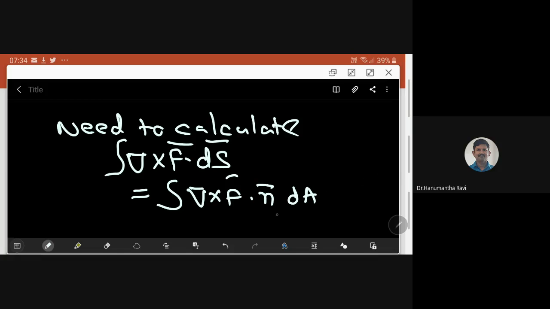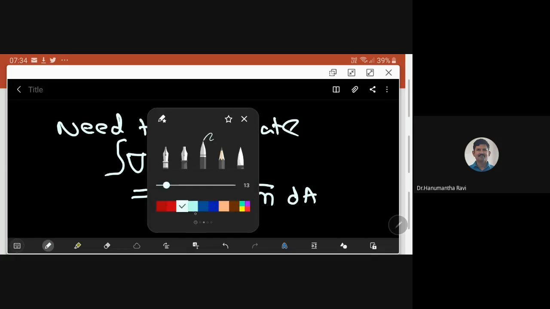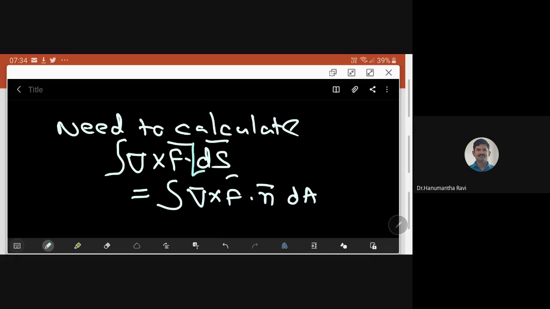Remember, whenever we have ds bar, it can be treated as n bar dA, where n bar is the unit outward normal.